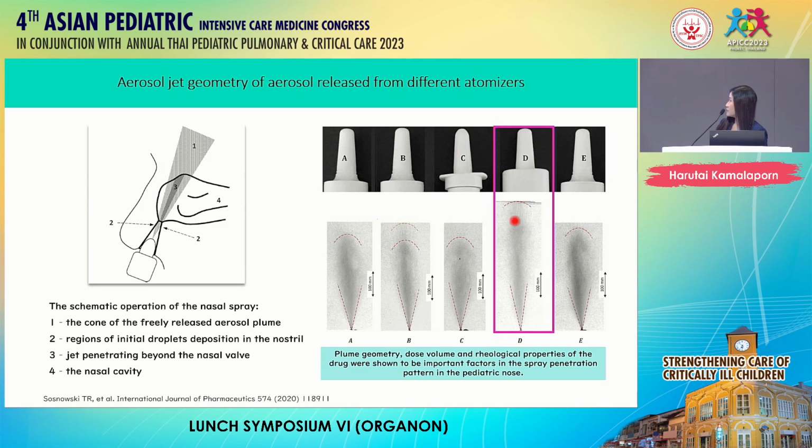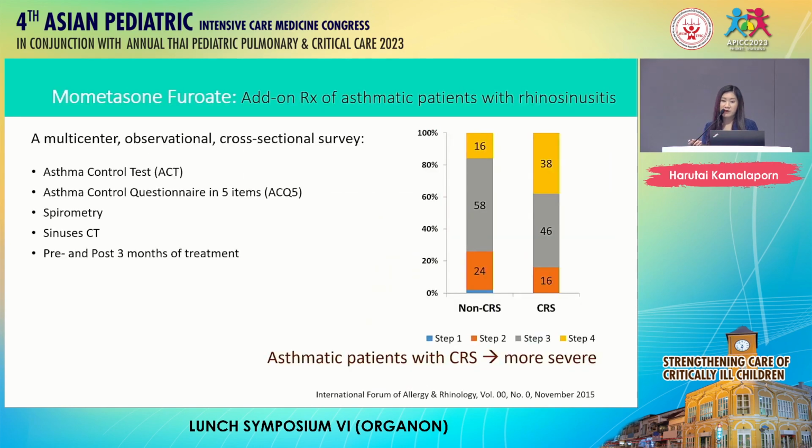The angle here is about 20 degrees, which is proper. Too wide is not good. It's going to come out because it does not go inside. Too wide an angle spreads all over and may cause rhinitis medicamentosa, which is not good as well.